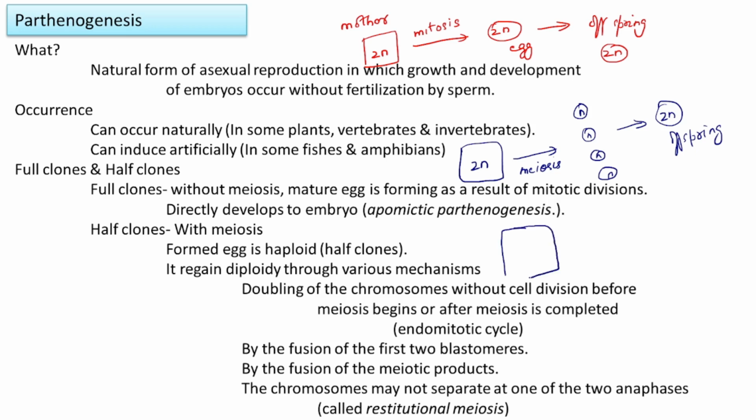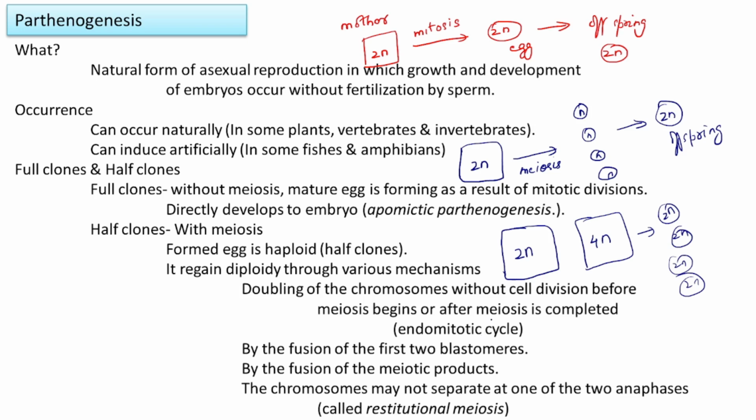Before the meiosis, we know that the germ cell is diploid. It undergoes doubling of chromosomes, and as a result it becomes tetraploid, and if a tetraploid germ cell undergoes meiosis, the resulting egg will be diploid. In that way, the diploid state can be regained. This type of regaining, that process, is called the endomitotic cycle, endomitosis.